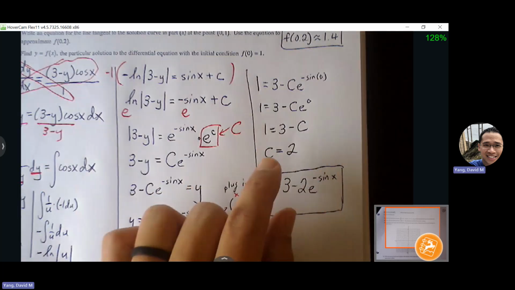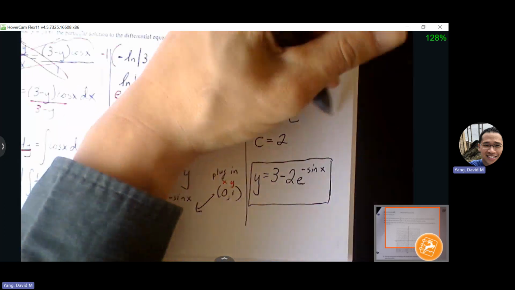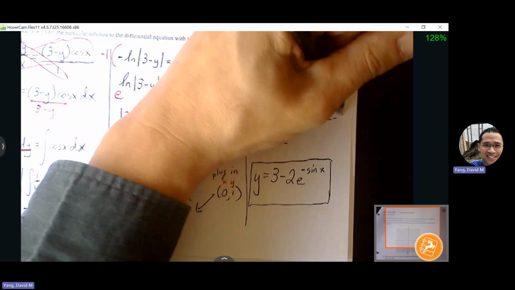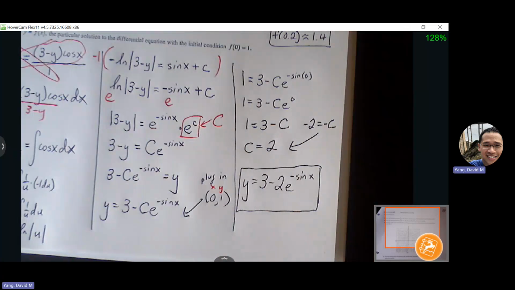Yeah, so I moved some things around here and skipped a step. It would be -2 equals negative c, and then I just multiply both sides by -1. Okay.